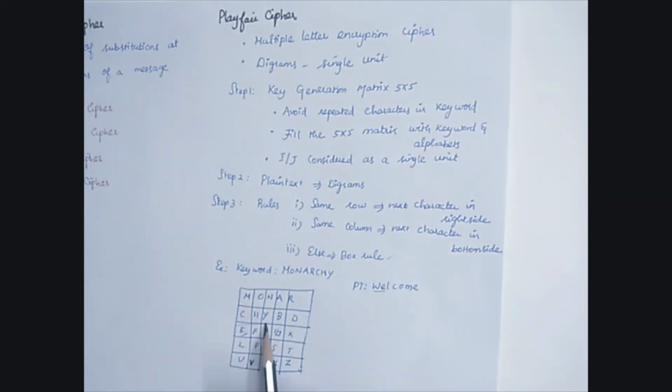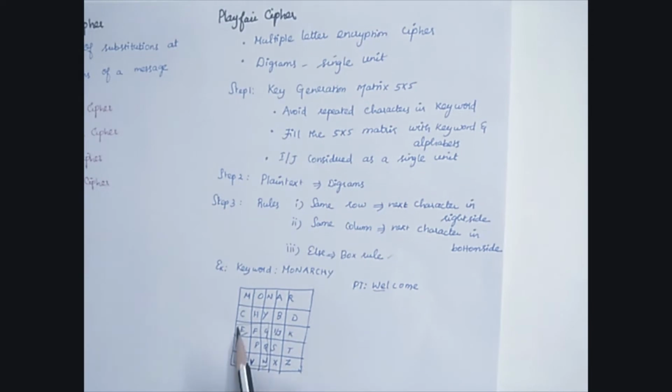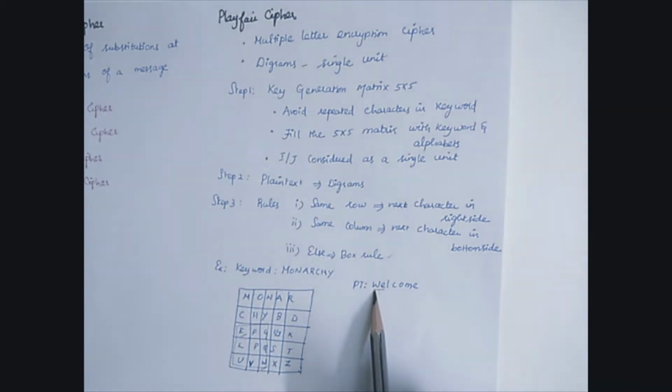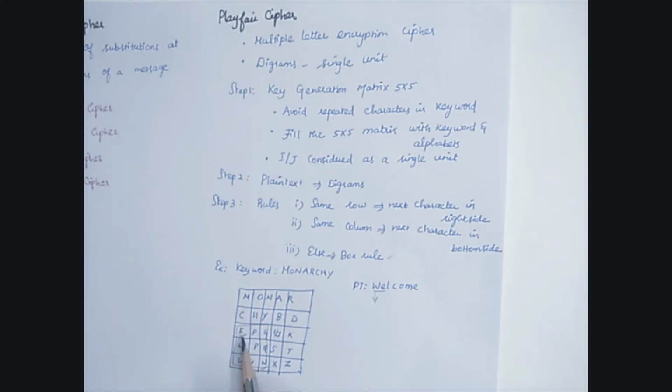So we need to draw a box here. So for the first character W, in the W row, which character intersects with the character E? So we replace W with U, and for E, G is the intersection character.